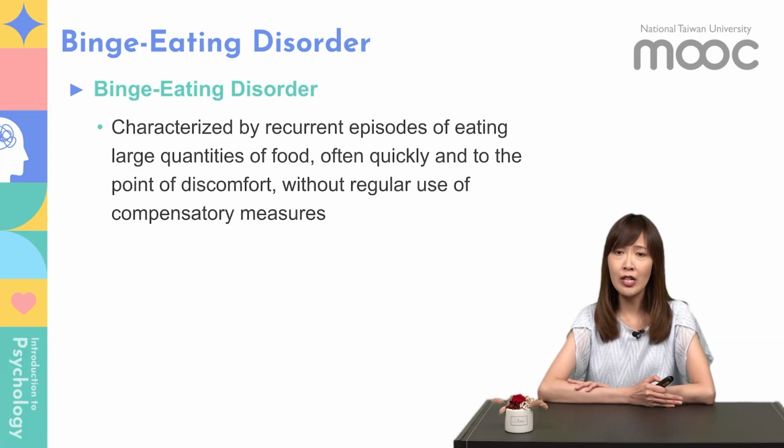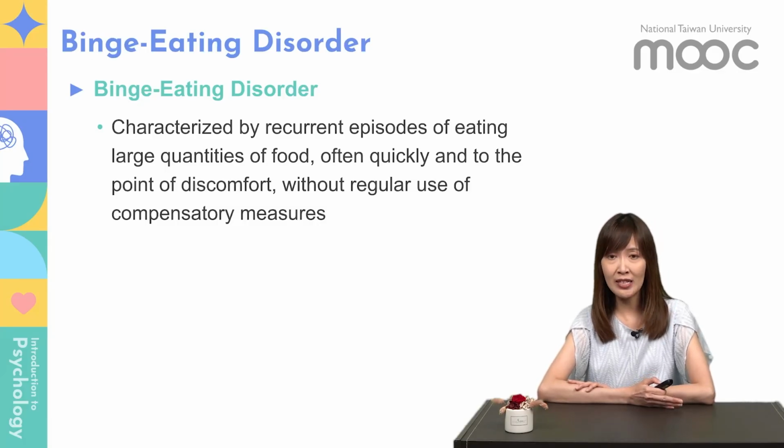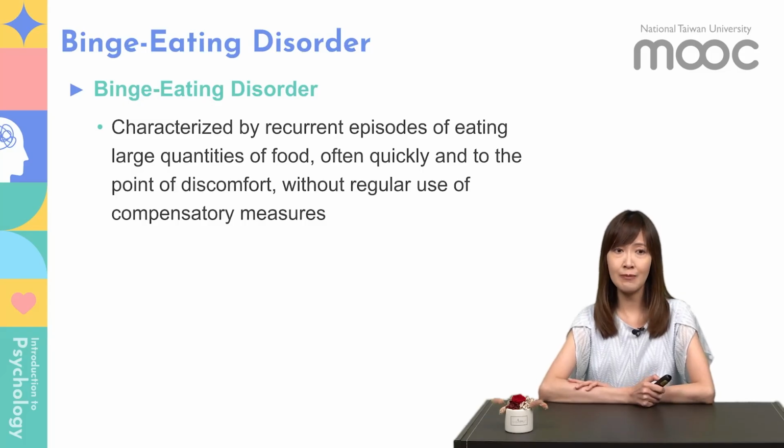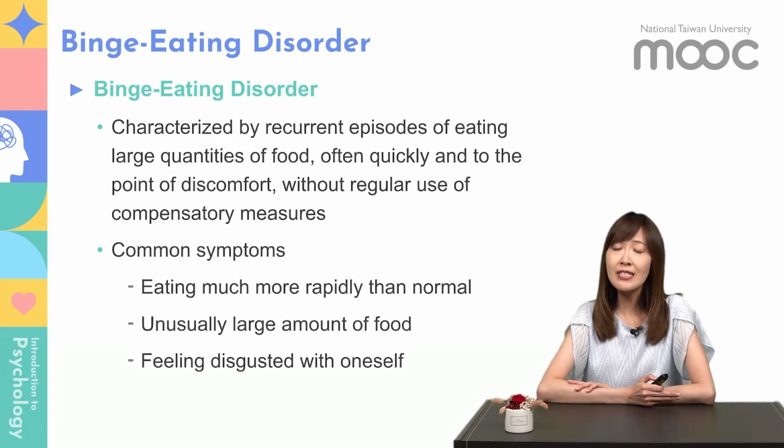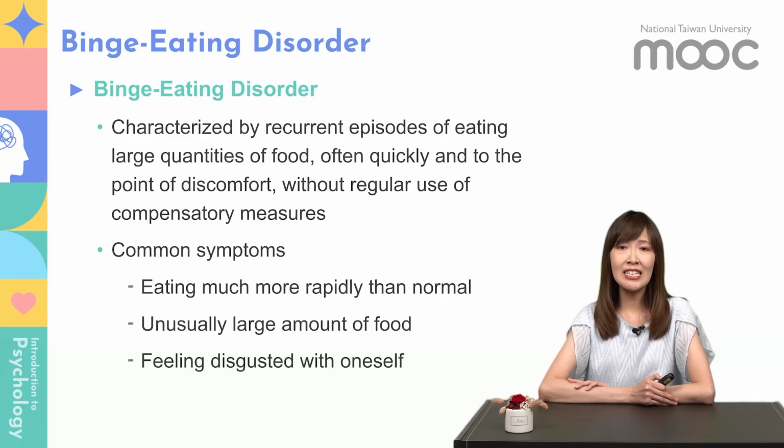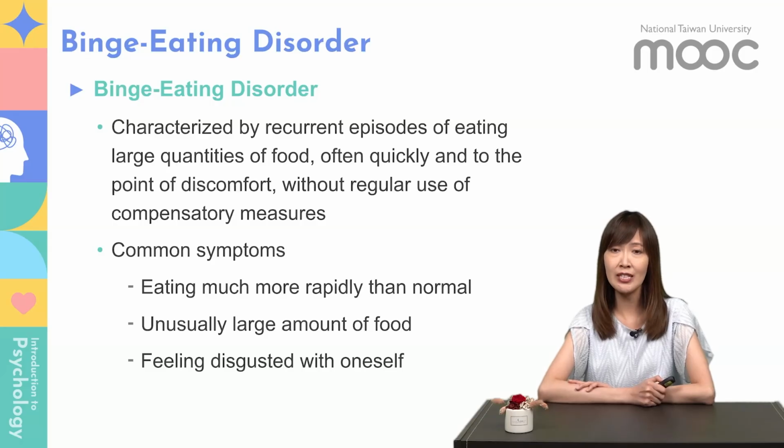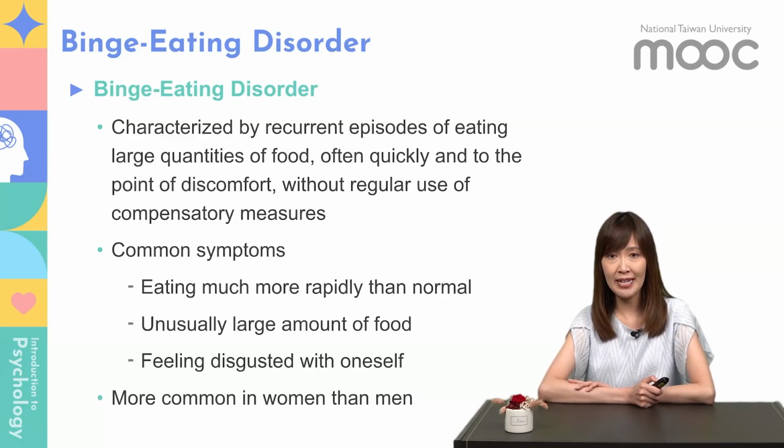So they lose control, and after they eat, they feel disgusted, they feel guilty, but they would not make any compensatory efforts to lose weight as found in bulimia nervosa. So they eat more rapidly than normal, and they eat a large amount of food in a short amount of time. Those are the common symptoms of binge eating disorder. And it has been found to be more common in women than in men. So those are the eating disorders listed in the DSM-5.